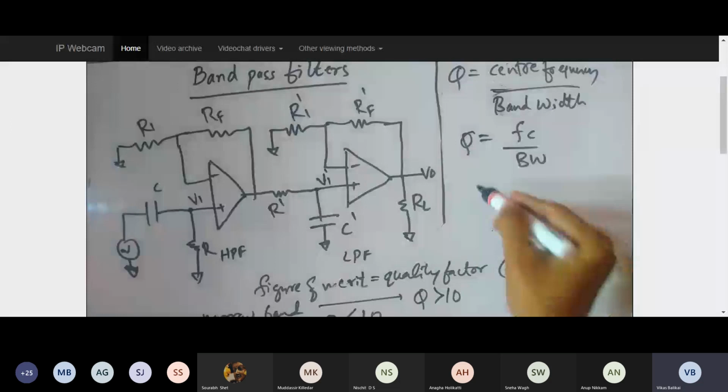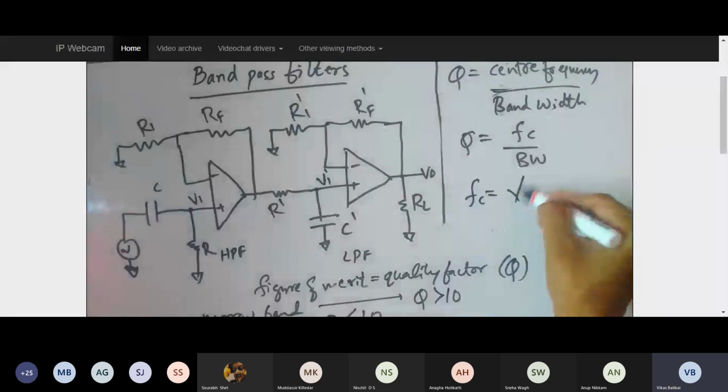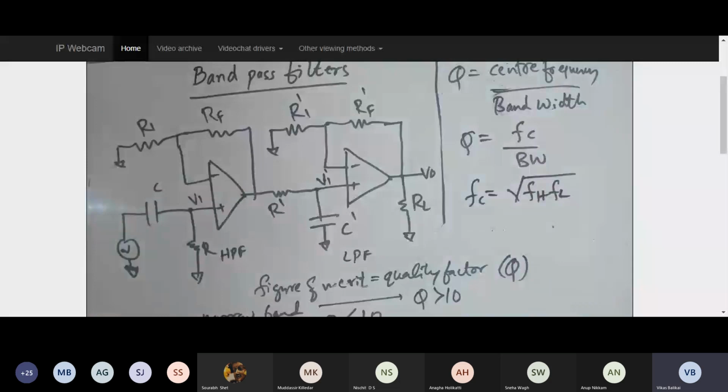FC is given by the square root of FH times FL. Remember this. I know FH, I know FL; if I take the square root of their product, I get the center frequency. And bandwidth is the difference between FH and FL. If I take the difference between them, that will be my bandwidth.